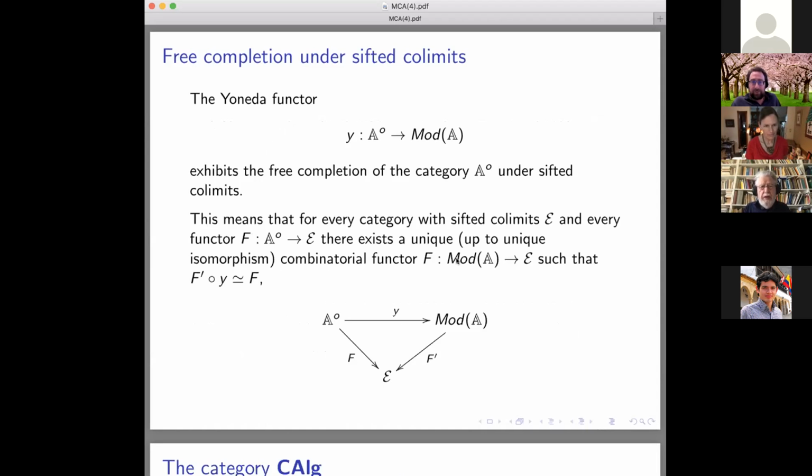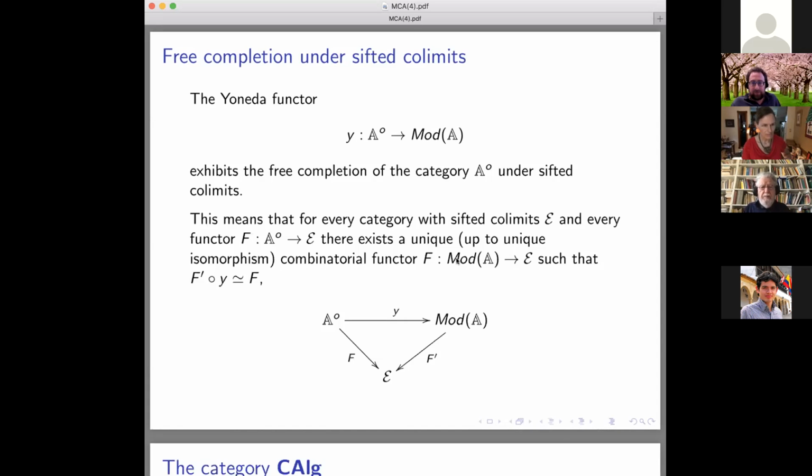As you may know, A-up is the category of finitely generated free algebras in some sense, and every algebra, or model of A, is a shifted colimit of finitely generated free algebras. So if you take any functor f from A-up to E, it does not have to preserve finite coproducts, although A-up has finite coproducts since A has finite products.